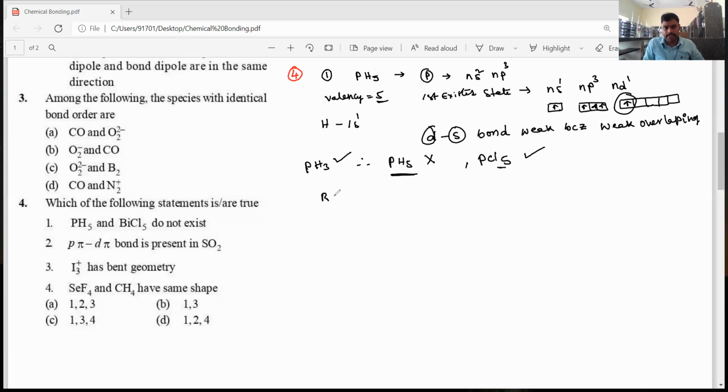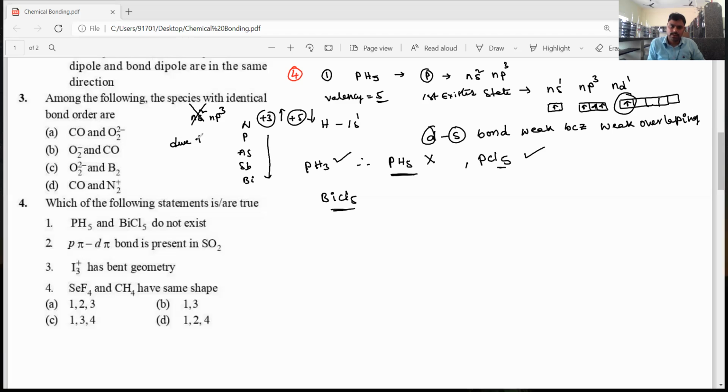In the same way BiCl5, bismuth. If you observe the nitrogen family: nitrogen, phosphorus, arsenic, antimony and bismuth, its electronic configuration is ns2 np3. If the ns2 electrons are not involved in chemical bonding, +3 oxidation state stability increases. Down the group, +3 oxidation state stability increases and +5 oxidation state stability decreases due to the inert pair effect.